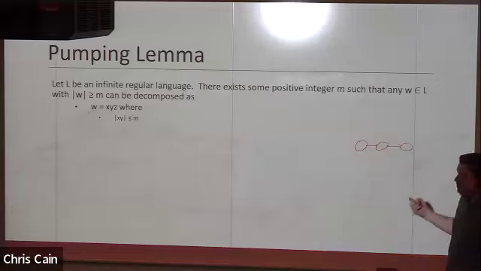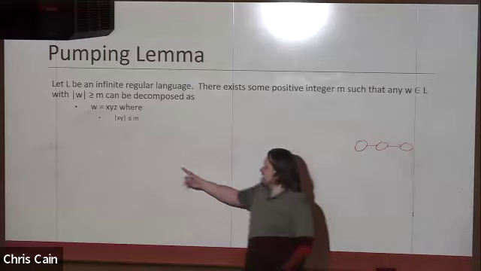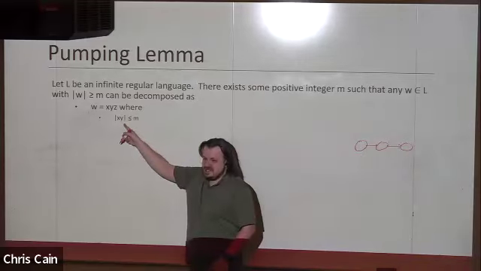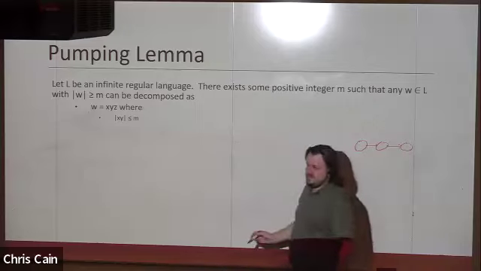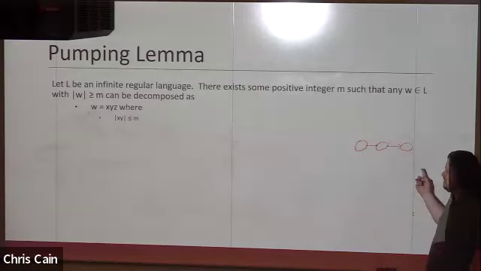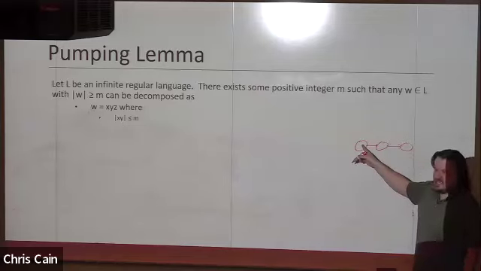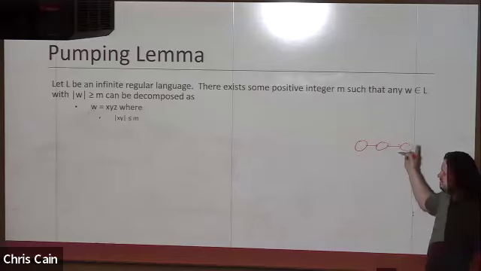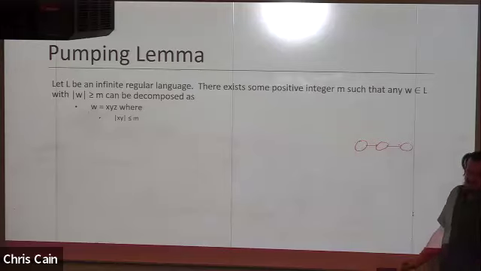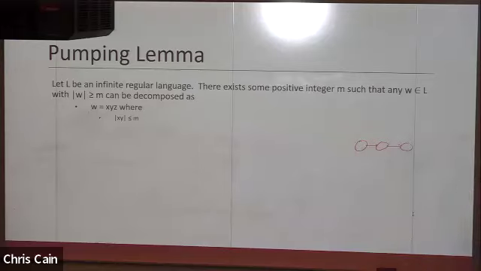Once we have that third character, we have to have completed a cycle. So this says the length of getting to the cycle and completing the cycle has to be fewer than or equal to the number of states in the DFA. So that is something that must be true.